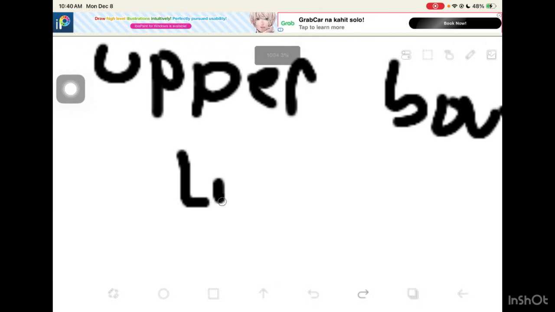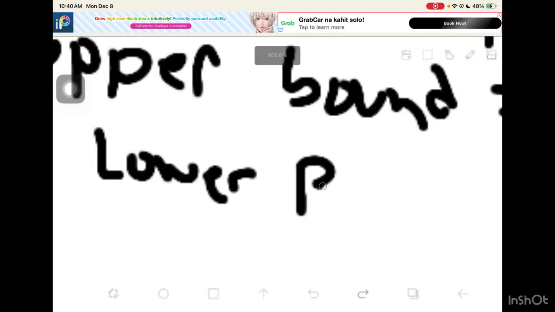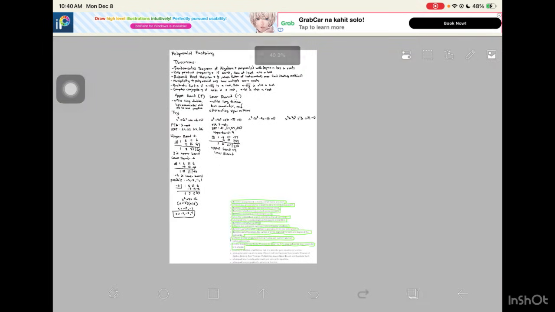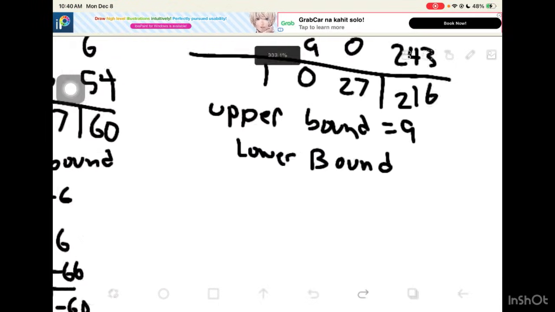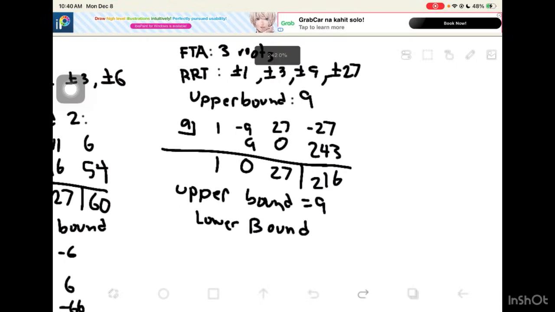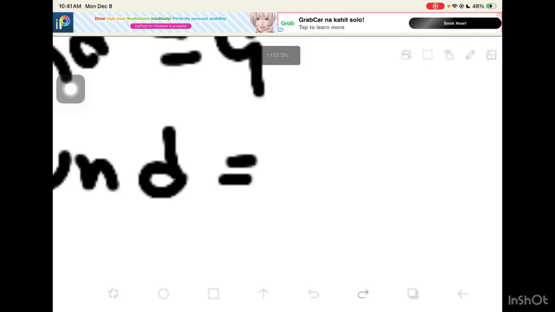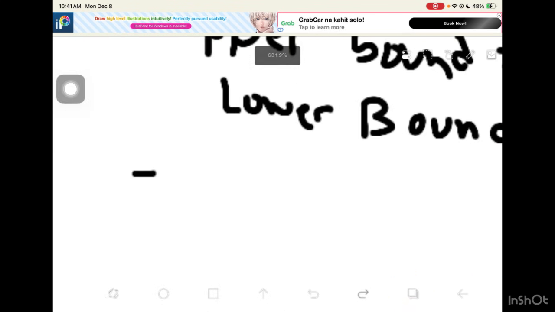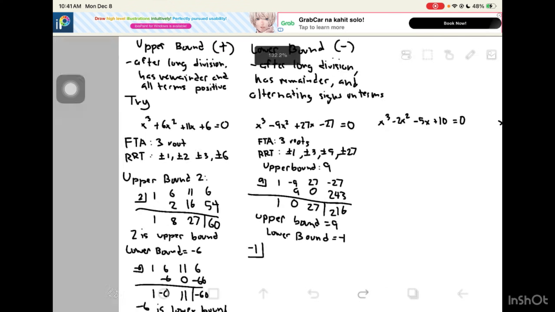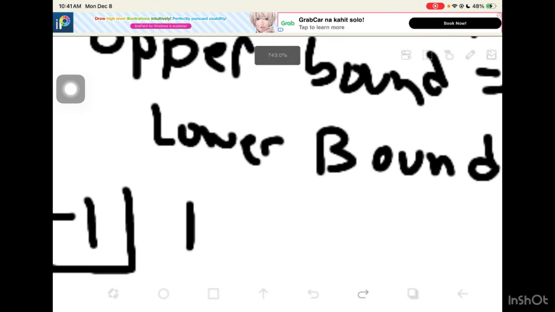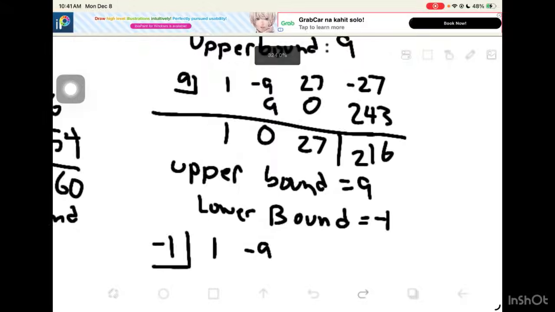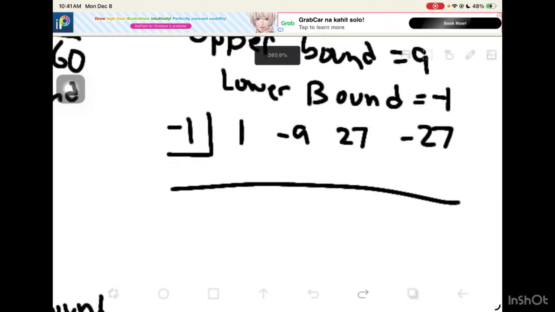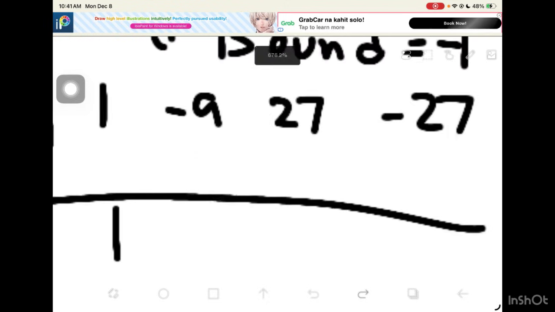How about the lower bound? Let's be ambitious and try negative 1. So the lower bound is negative 1, and we put 1, negative 9, 27, negative 27. 1 times negative 1 is negative 1.